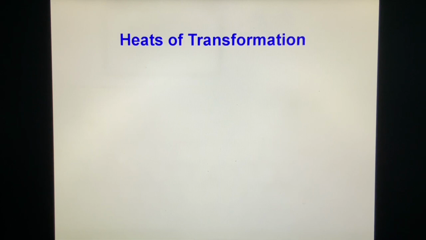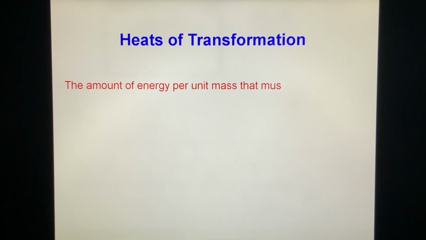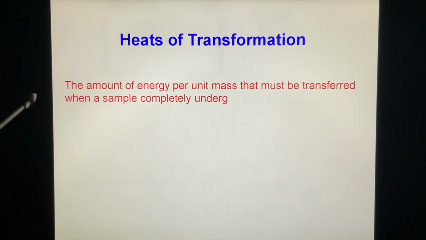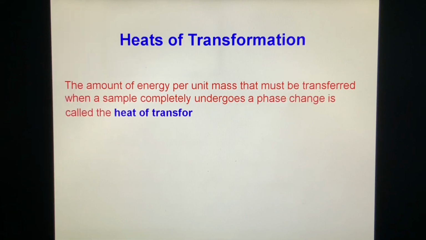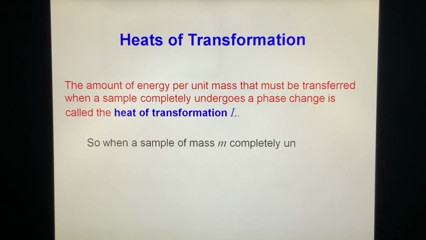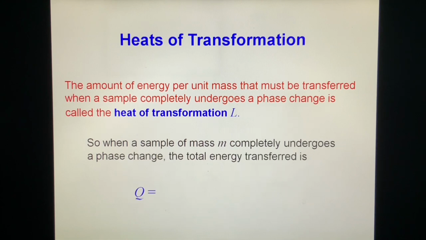Heat of transformation. The amount of energy per unit mass that must be transferred when a sample completely undergoes a phase change is called the heat of transformation, L. So when a sample of mass m completely undergoes a phase change, the total energy transfer is Q equals Lm.